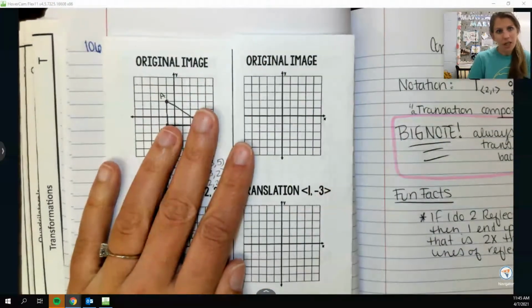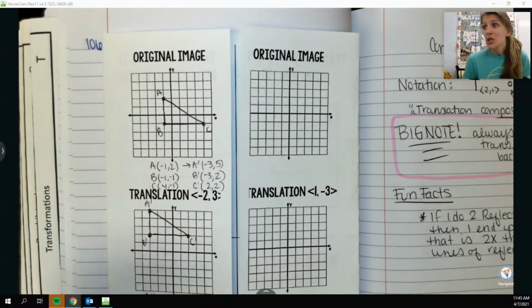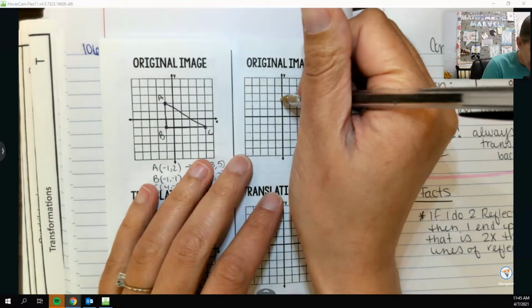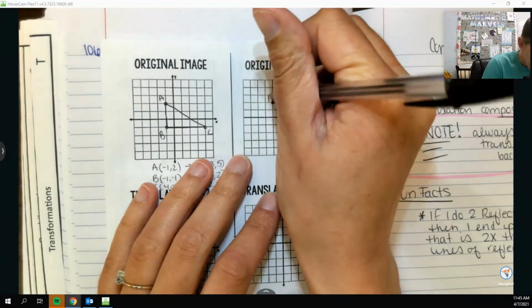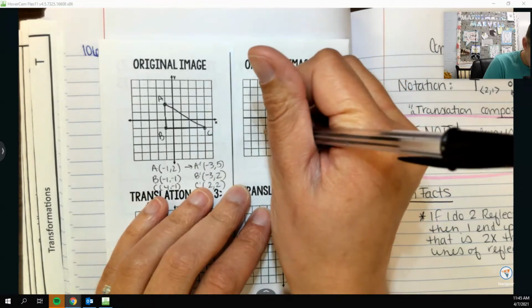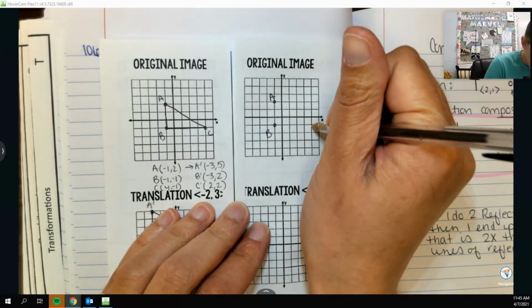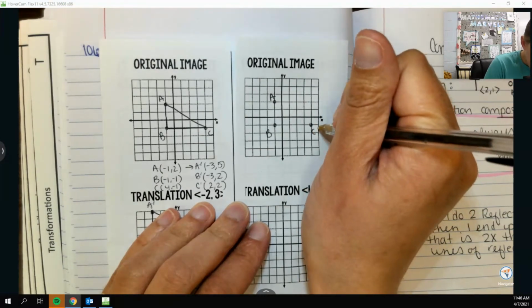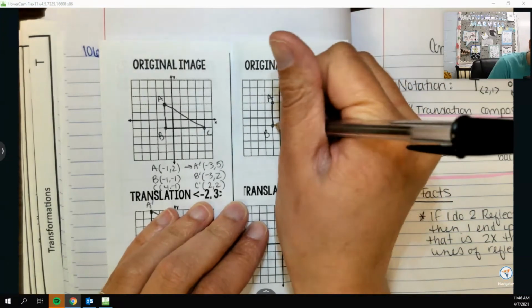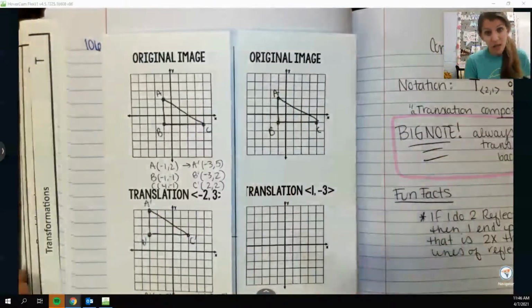But now on the front here, I want to show you a different way that you could do it. And we're not going to use all these boxes. So say I take that same shape, A here at -1, 2, and then B at -1, -1, and then C at 4, -1. What I like to do is just do it all on one.